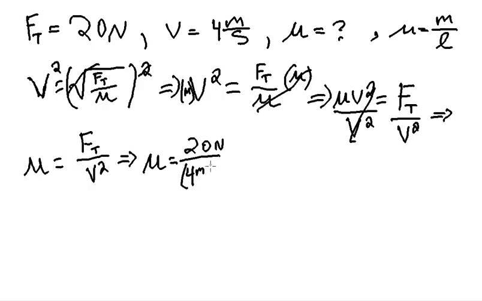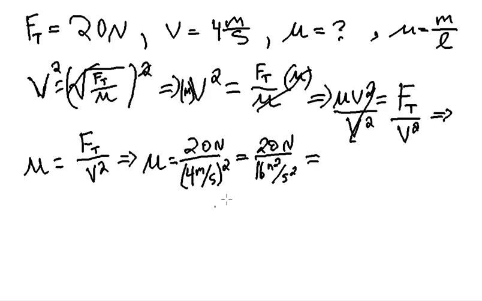Make sure that you put your number in parentheses. Otherwise, you might look at this like you're given an acceleration with this exponent next to the second. So 20 newtons divided by 4 squared, 4 times 4 is 16 meters squared divided by seconds squared.